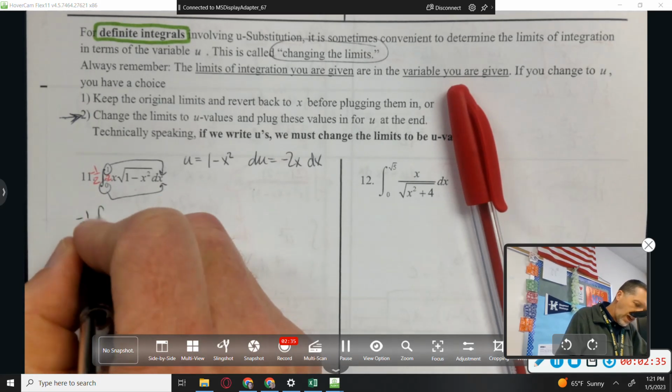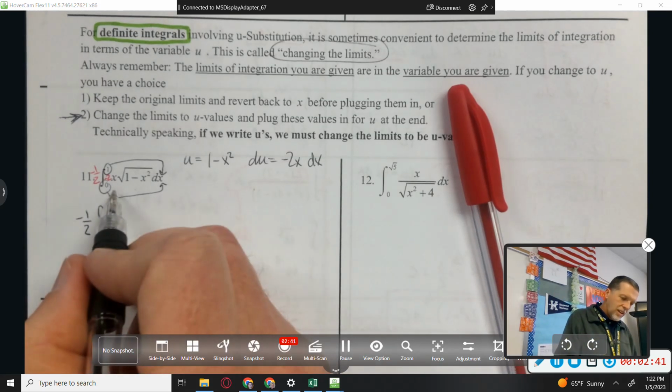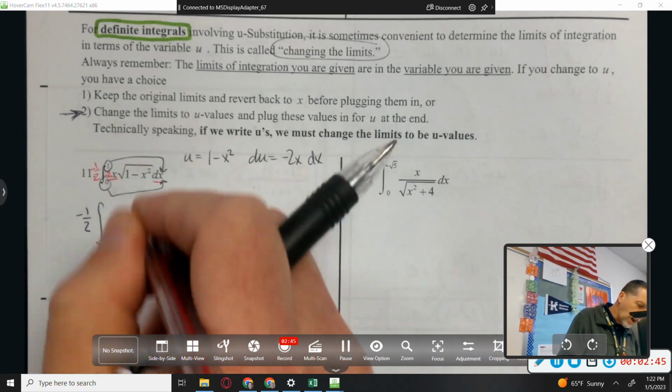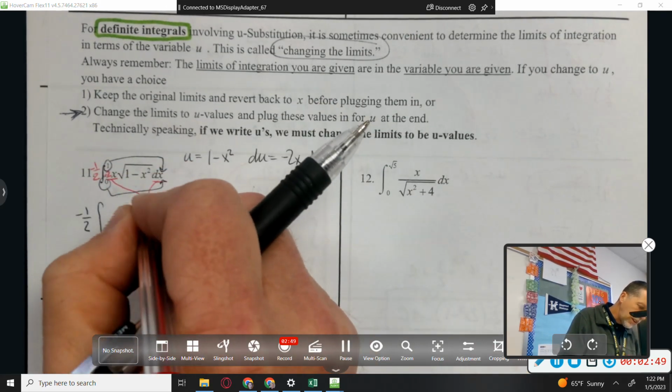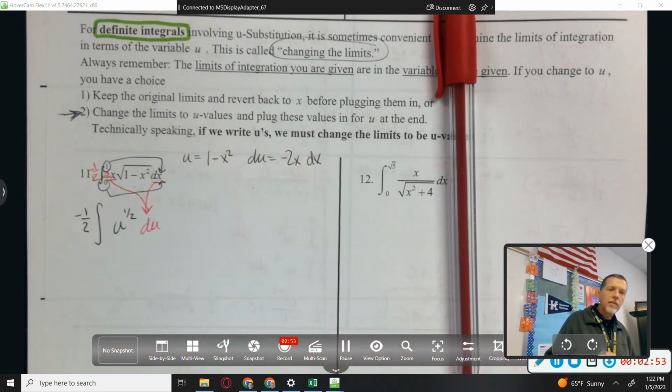So negative 1/2 integral. Now be careful, I should not write 0 and 1, because I'm in the process of switching this to u stuff. So the 2x and the dx, that's du. And then I've got u to the 1/2.